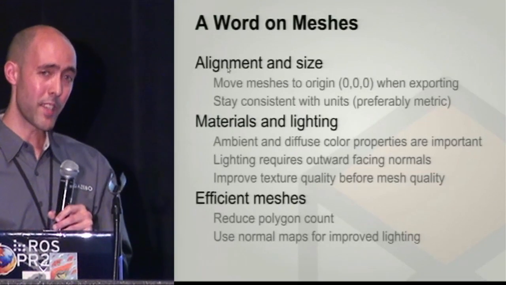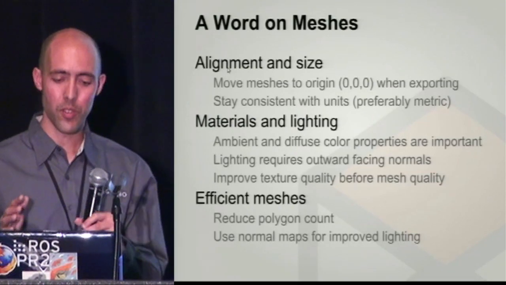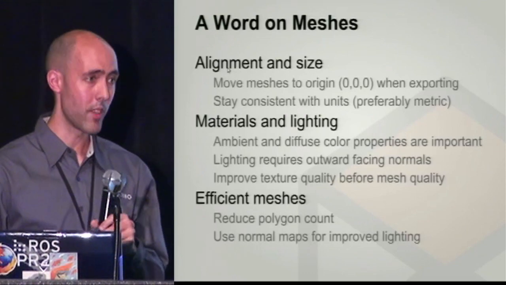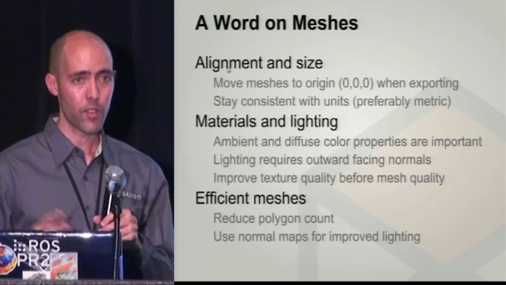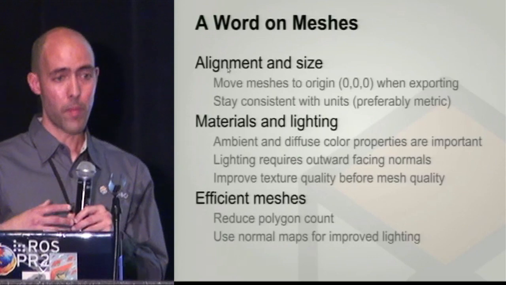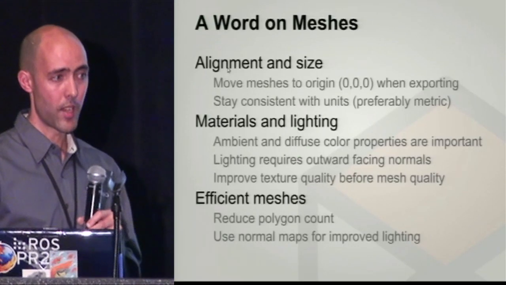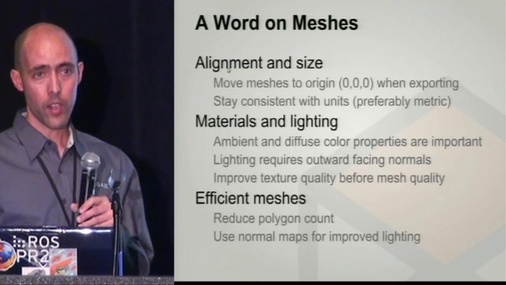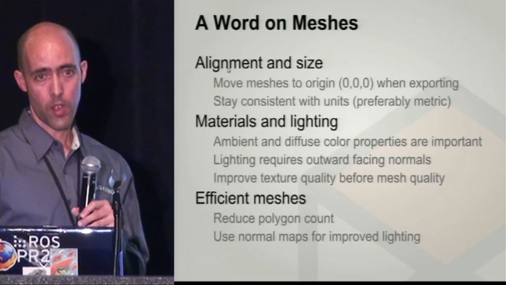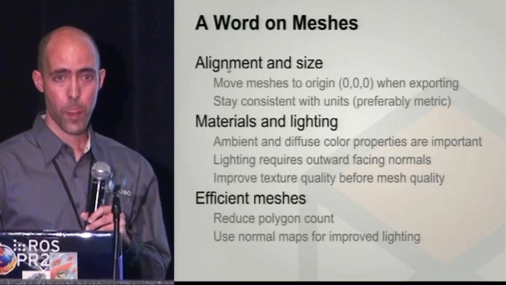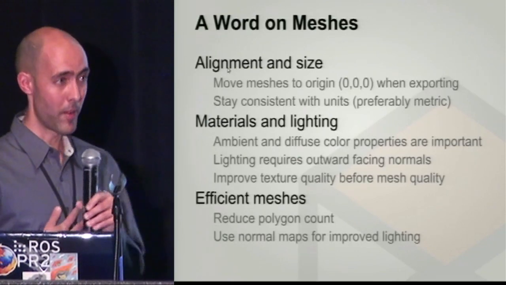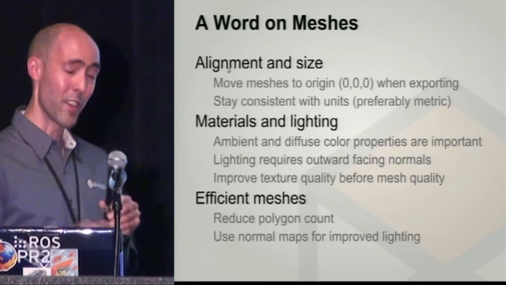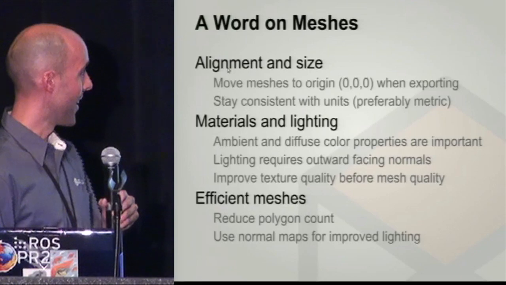But you should pay attention to how you set up your meshes in terms of ambient light properties, diffuse properties, whether your normals are correct. All these have effects on whether your models show up at all, whether they look light or dark, things along those lines. And you can go online and look through some of our tutorials and our mailing list, and I can give you lots of tips and tricks, but I myself am not an expert. This is getting into the realm of artist, and I'm not an artist.